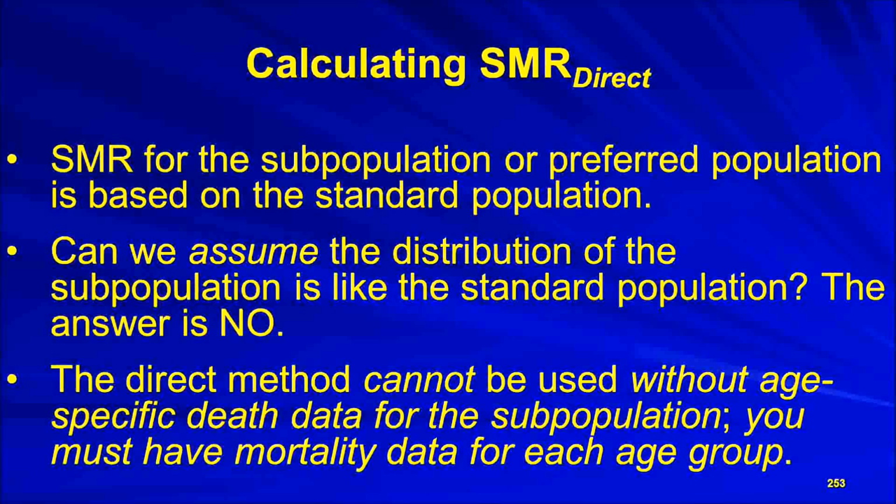Okay, so the U.S. population distribution is the best guess of a city, state, or region population distribution. I hope that makes sense to you. So you have to have age-specific death rate in order to calculate a direct method, and you're trying to check to see whether the data of the subpopulation is really representative of the total population, or whether it's skewed, or what we would say skewed or biased in some particular way, fashion, or form.